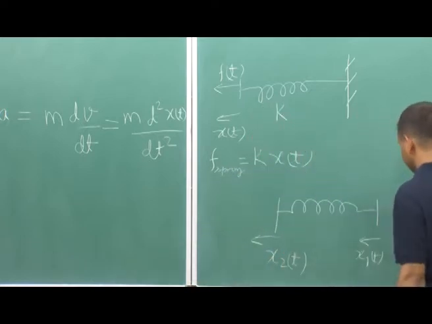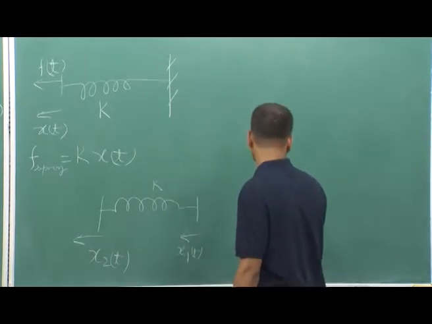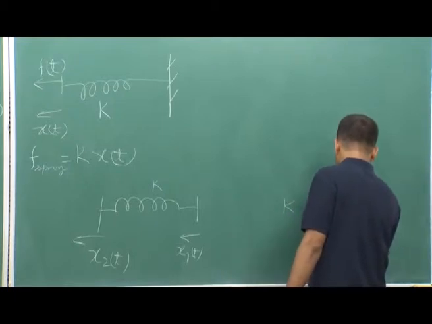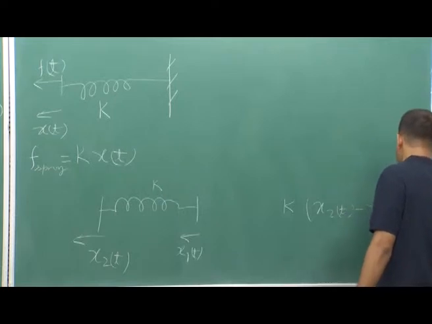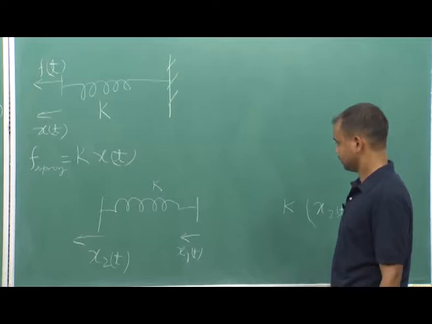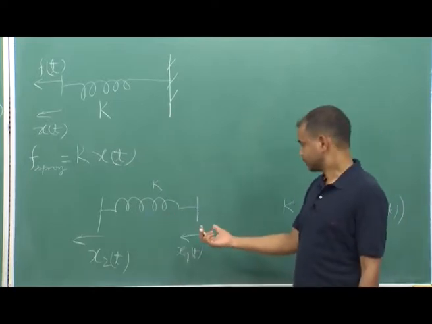So, the force applied due to this spring, if K is the spring constant, will be K times (x2(t) minus x1(t)), the relative change in the length of this spring.